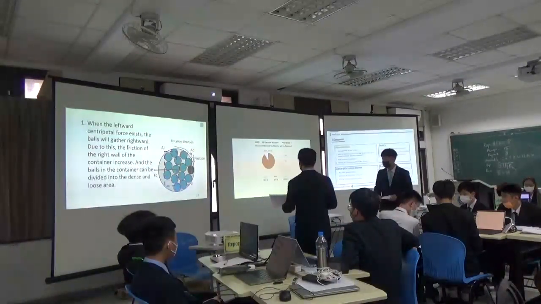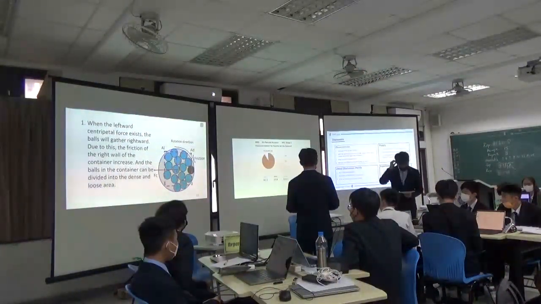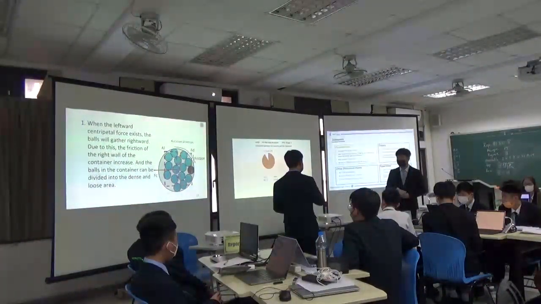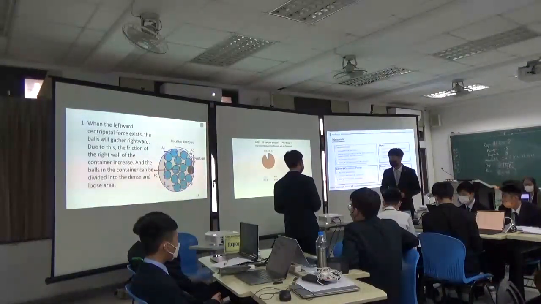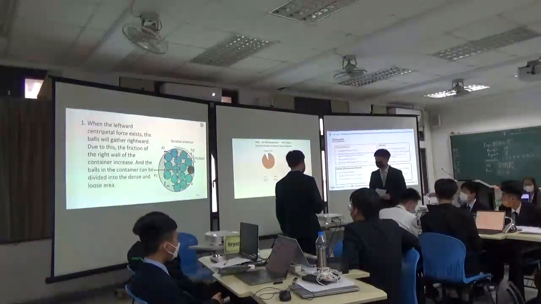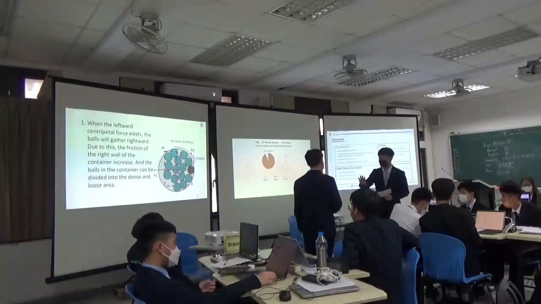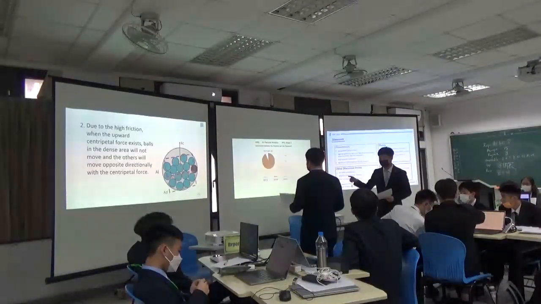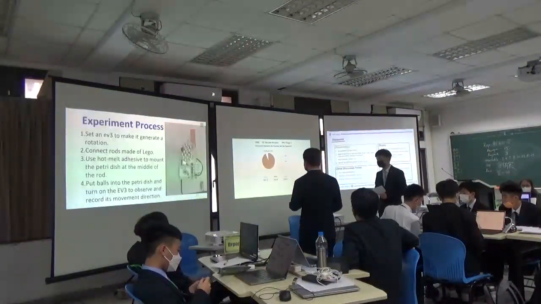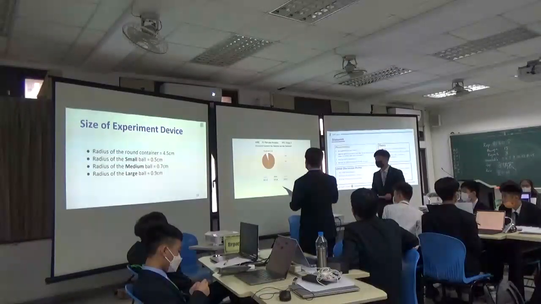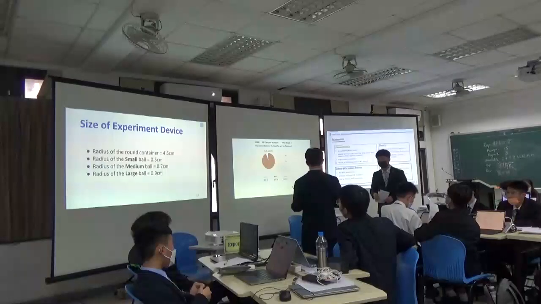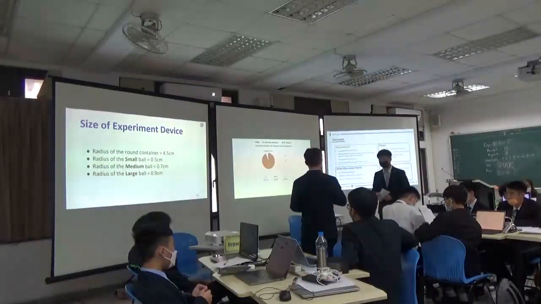So in this condition the balls will rotate in a place. It will do a circular motion. So you're saying that the boundary condition is not a range, it's a line. Right. It will be a range, but the range isn't very wide.